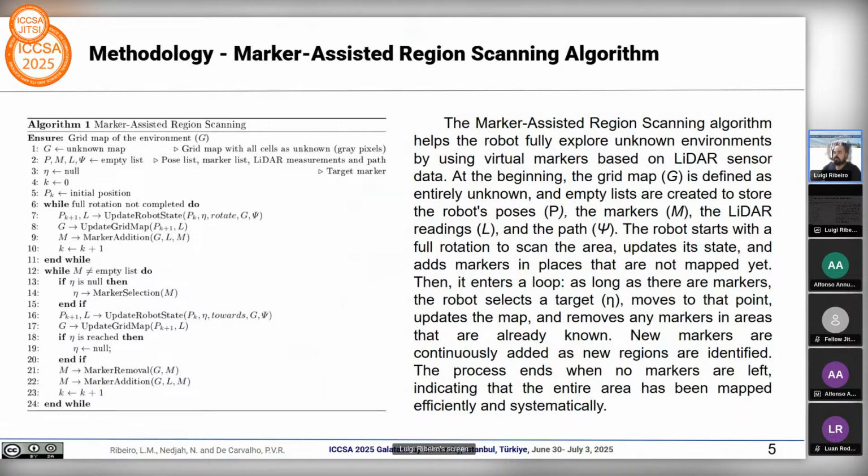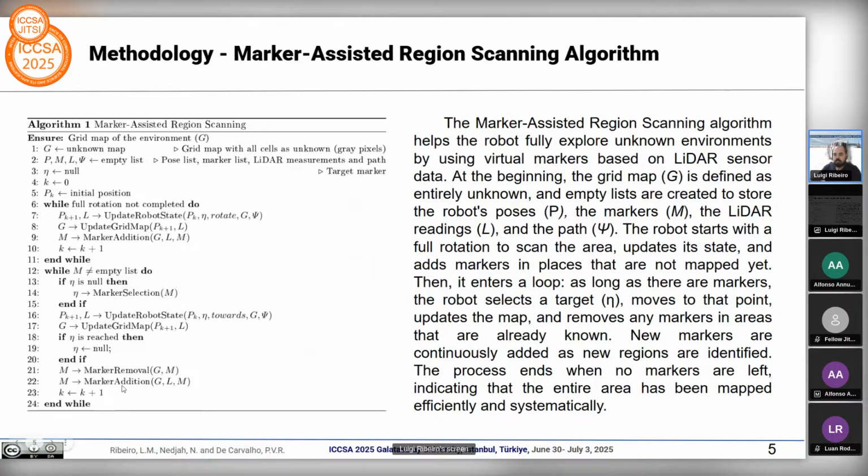At the beginning, the grid map is defined as entirely unknown, and empty lists are created to store the robot pose, the markers, the LiDAR readings, and the path. The robot starts with a full rotation to scan the area, update its state, and add markers in places that are not mapped yet. Then it enters a loop.